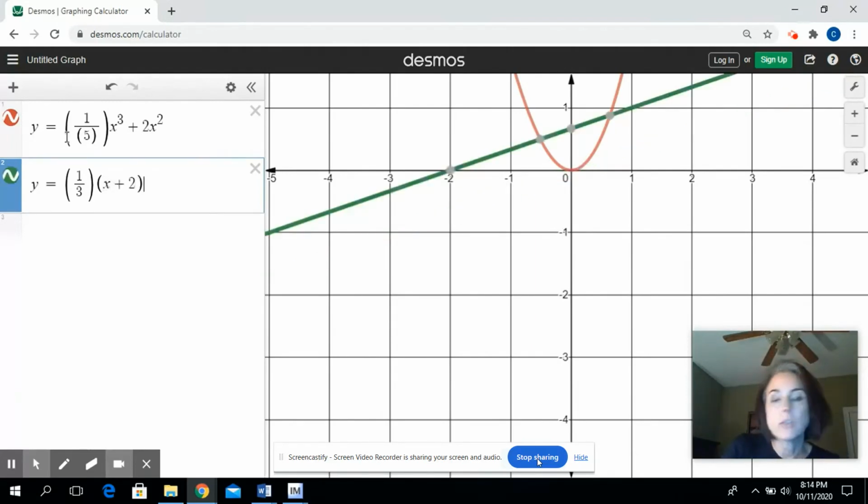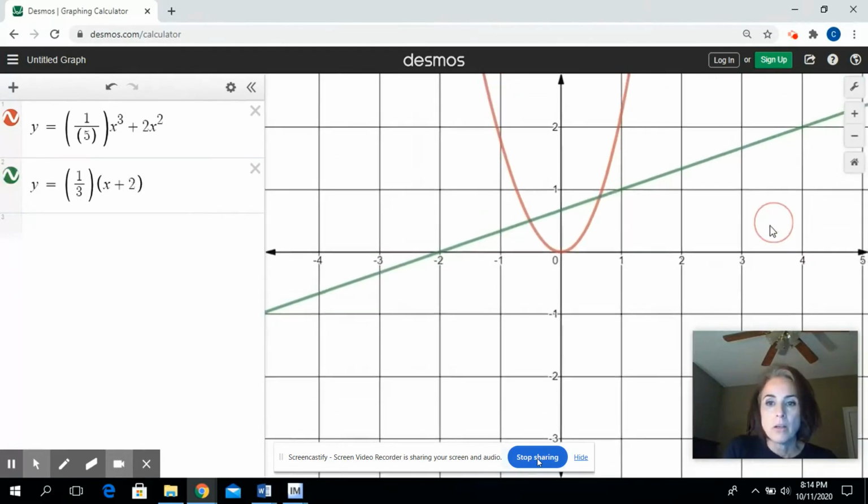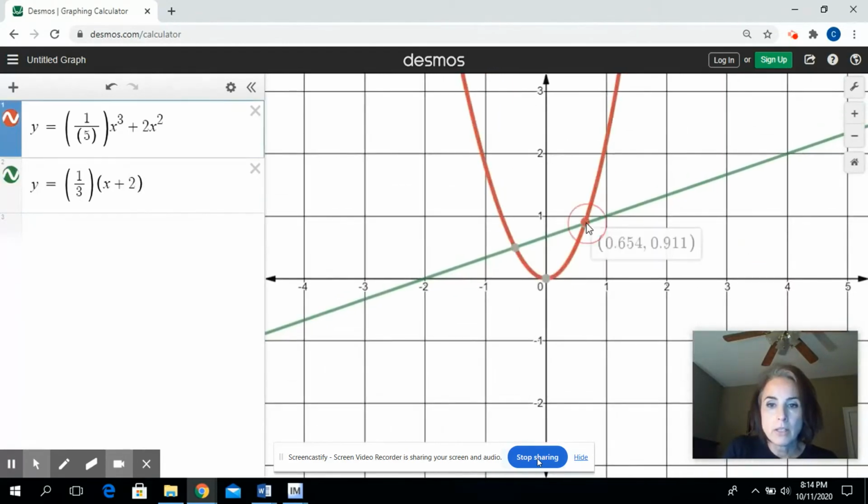All right, so there's f of x, 1/5 x cubed plus 2x squared. When does that equal 1/3 of g of x? And g of x is x plus 2. So if you look here, they intersect right here and right here. So you can click on those, and then there's your solutions.